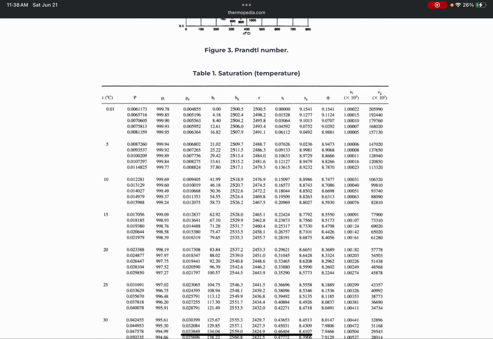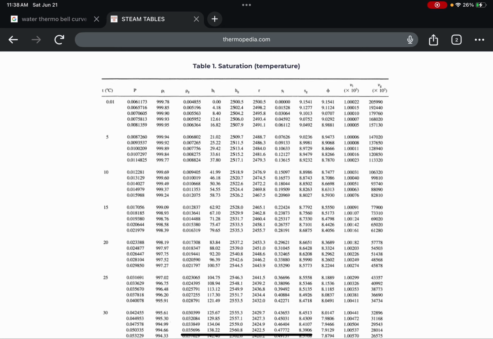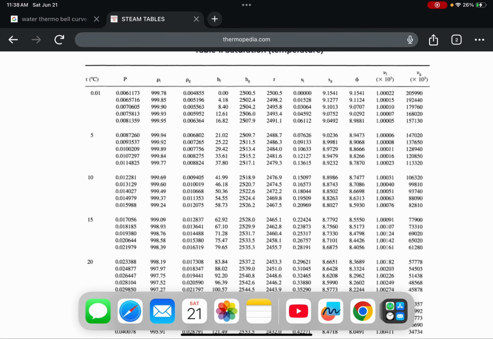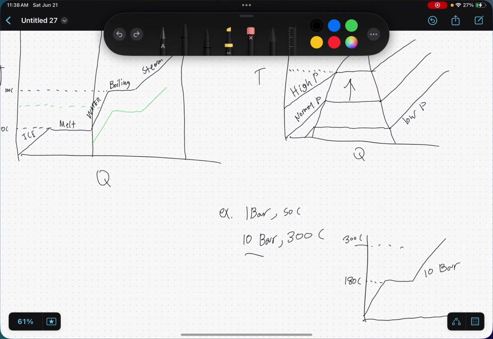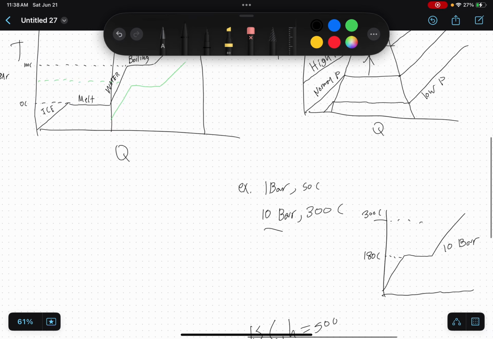Let's say we're at 15 Celsius. So right here. And our H is 500. What is the quality of our steam?